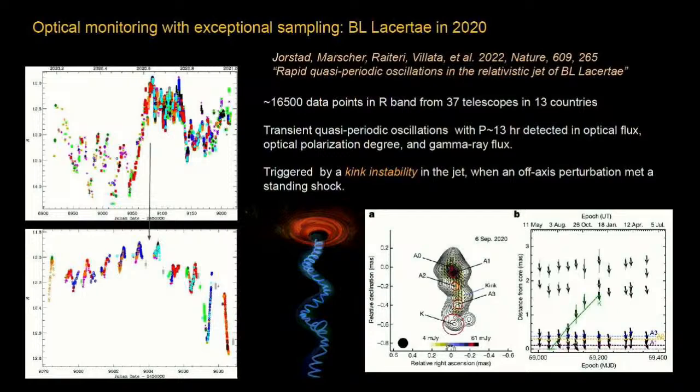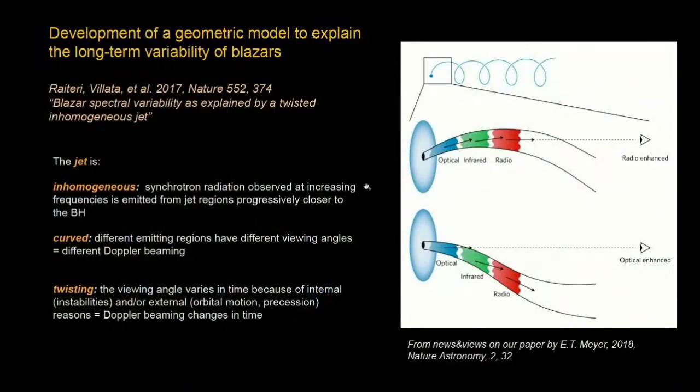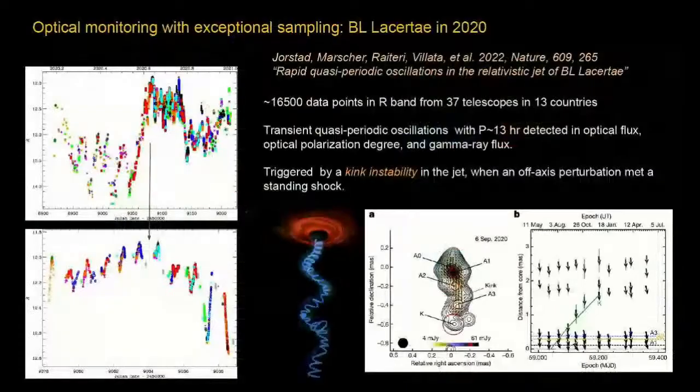We explain these periodic oscillations as due to kink instabilities that developed inside the jet when a moving perturbation here named K, traveling down along the jet off axis, met a standing shock K2 here.